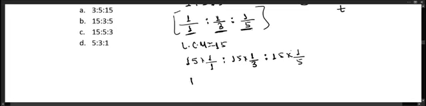Now we will multiply each term with 15. 15 into 1/1, 15 into 1/3, 15 into 1/5. So our answer will be 15:5:3. Option C is the correct answer.